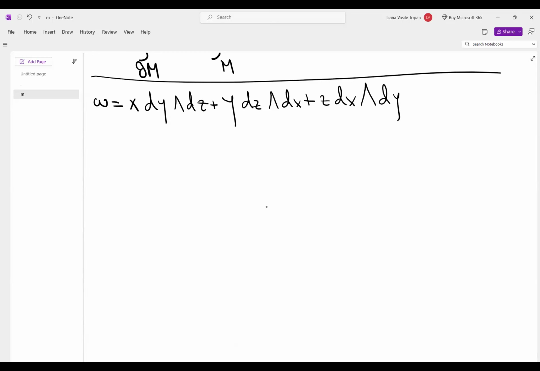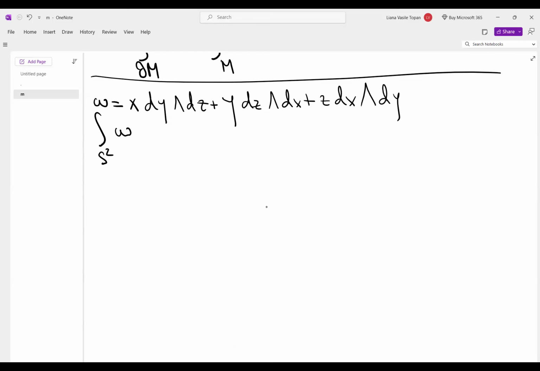Okay, something like that. So we would like to evaluate the integral over S squared of omega. Okay, so let's see how we can find this.